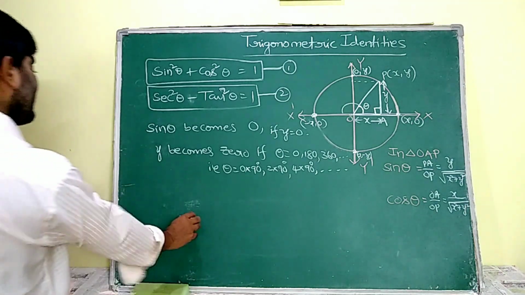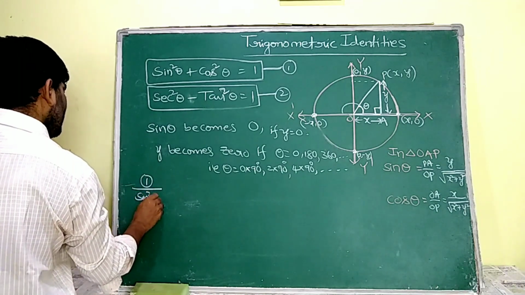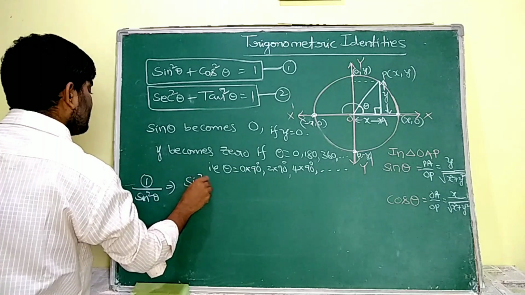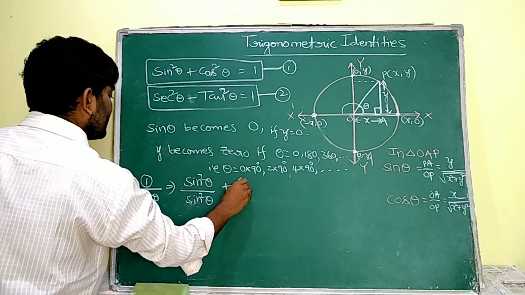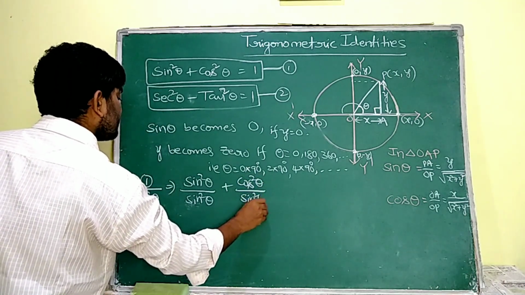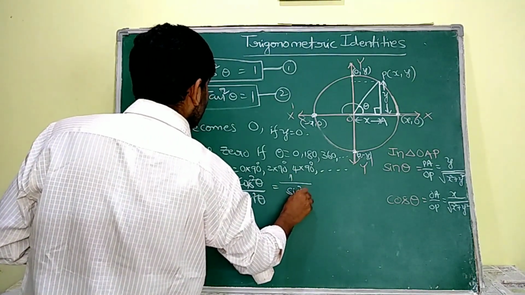Now to obtain identity 3, divide equation 1 by sin square theta. See, sin square theta by sin square theta plus cos square theta by sin square theta is equal to 1 by sin square theta.